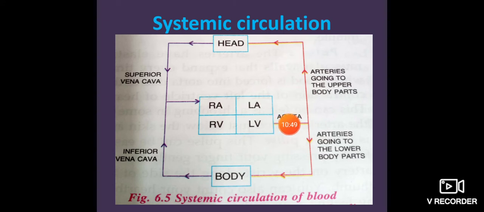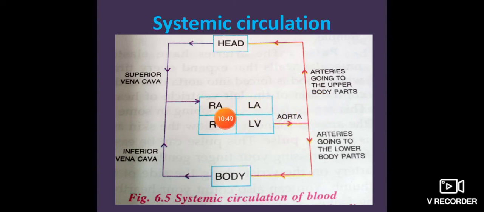It is pumped to the aorta and from the aorta to different body parts. There are branches of the arteries. This shows arteries going to the upper part of the body, that is, the head, and this shows the arteries which transfer blood to the lower part of the body. So this is the systemic circulation.